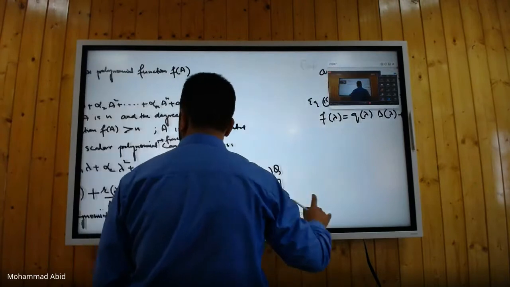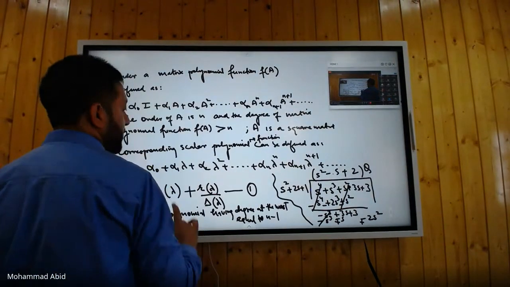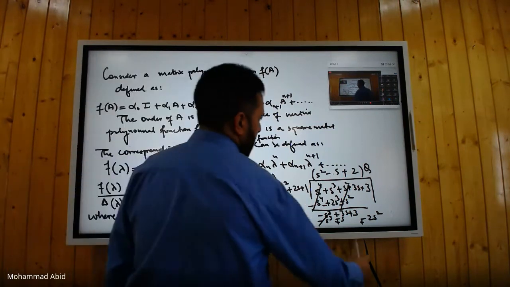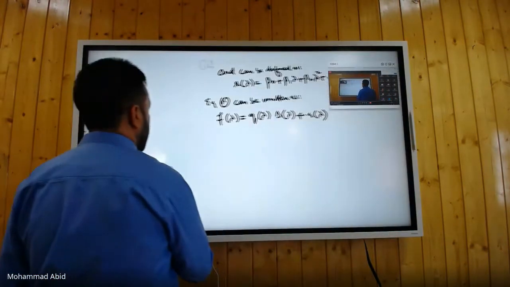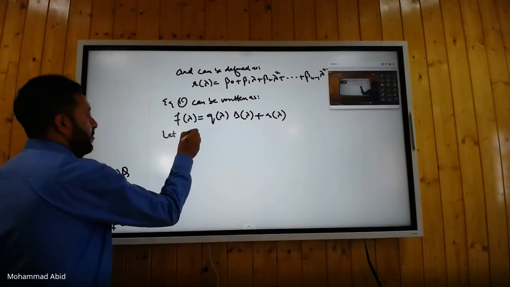Is that okay? f lambda can be written as q lambda delta lambda plus r lambda. Are you following the steps? Yes, sir. Okay.